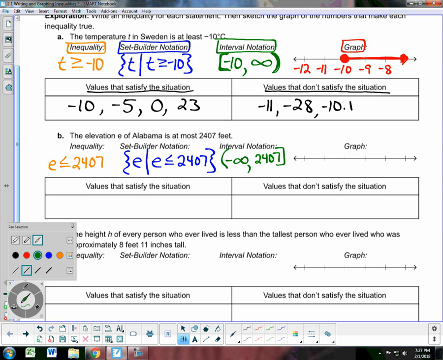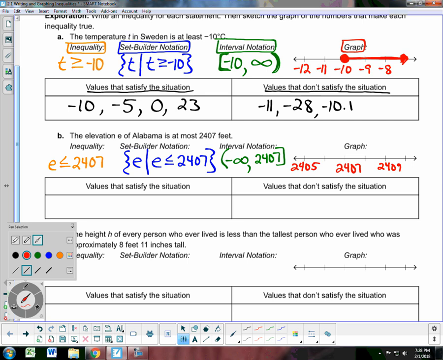For our graph, I'm going to do 2,407 in the middle here. Since this is a pretty big number, I don't have enough space to fit the 2,408. Then this would be 2,409, so I'll just show all the odd numbers here.